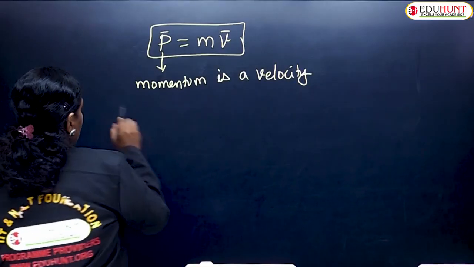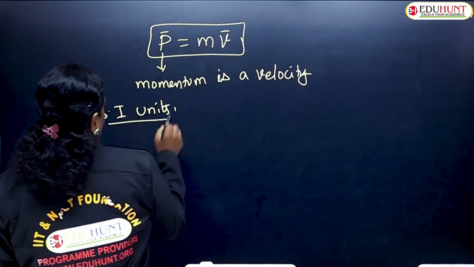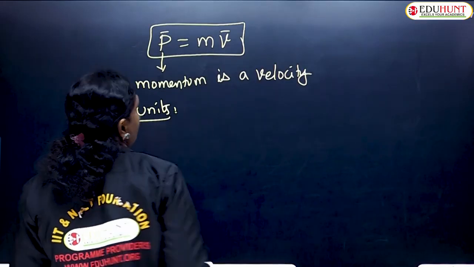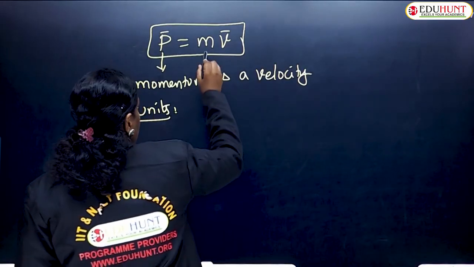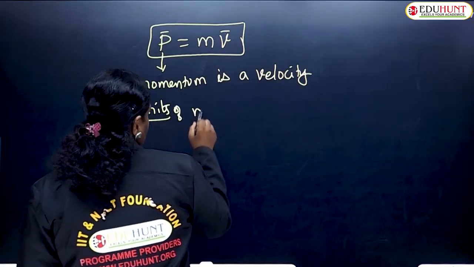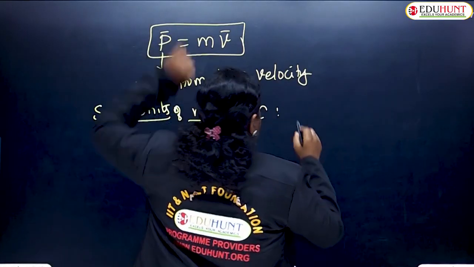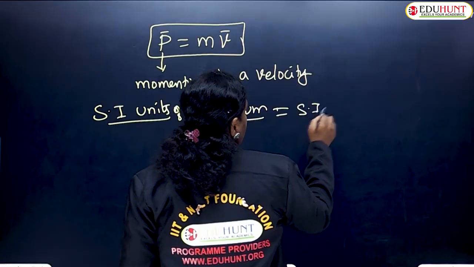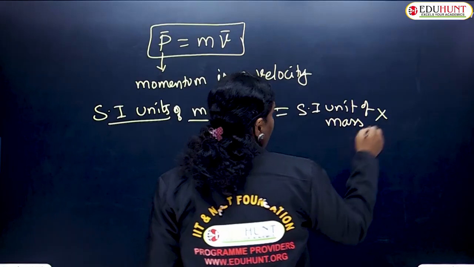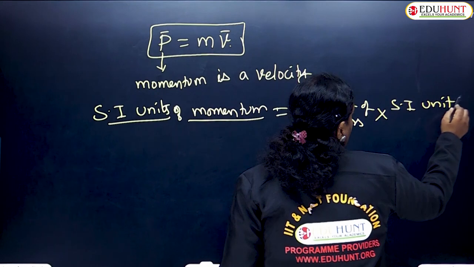So children, coming to the SI units of momentum. In order to find the SI units of momentum, as you know, the formula for momentum is mass into velocity. What is the SI unit of mass, children? The SI unit of momentum is the product of the two factors: SI unit of mass multiplied by SI unit of velocity.